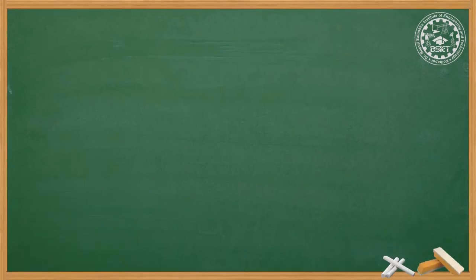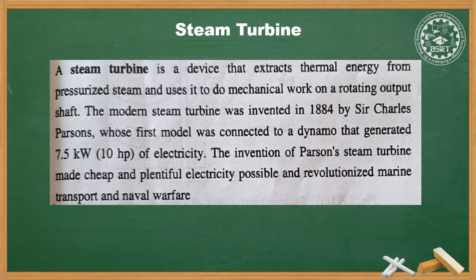Starting with steam turbine. A steam turbine is a device that extracts thermal energy from the pressurized steam and uses it to do mechanical work on a rotating output shaft.